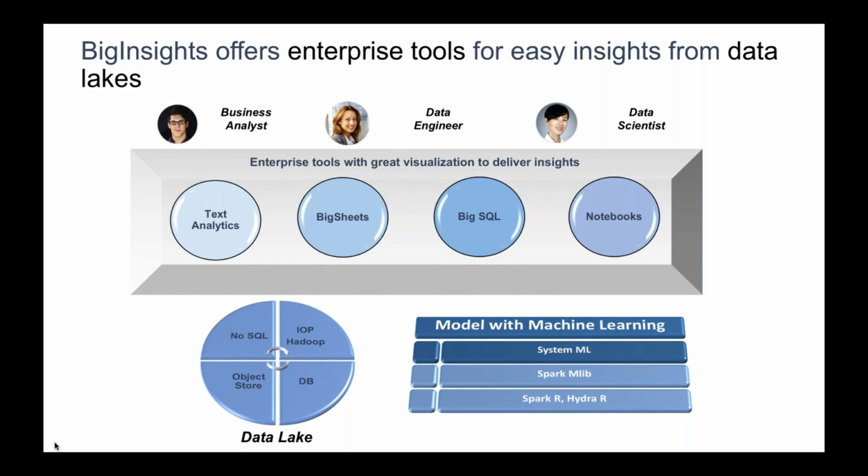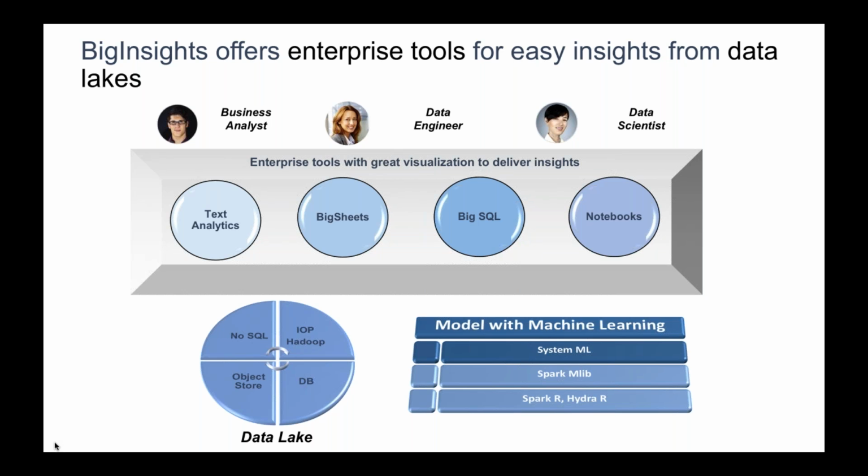What it means is we will not be adding new capabilities to the Big R portfolio, but rather we are moving towards Spark R as part of Spark 2.1 and our ongoing efforts on Spark. We will continue to enhance Spark R, and along with Spark R, we have a project called Hydra R, which is a Spark library.